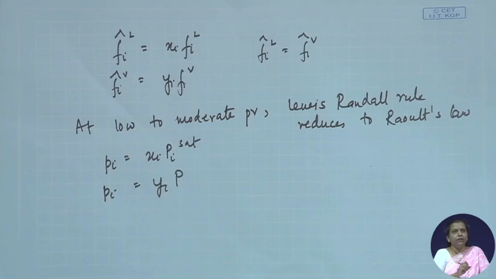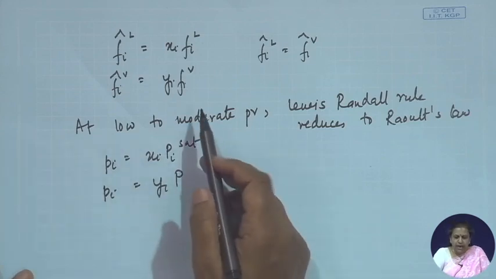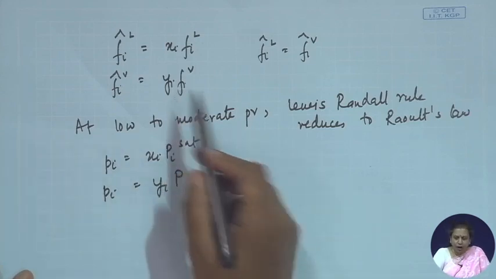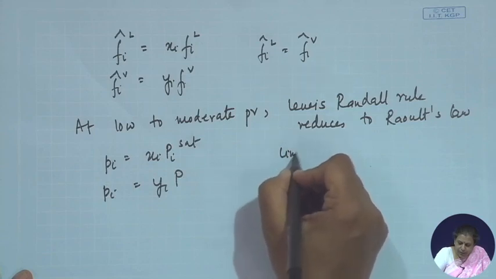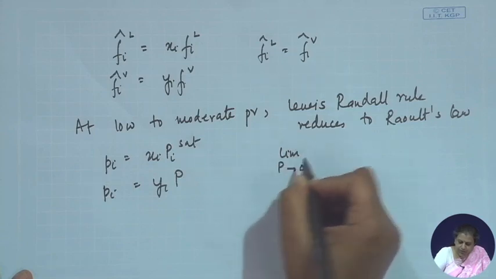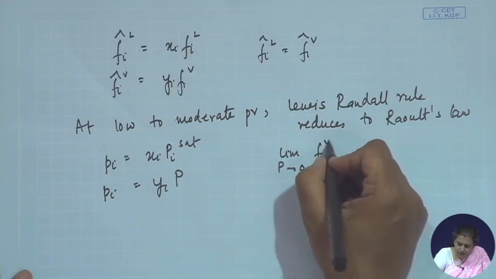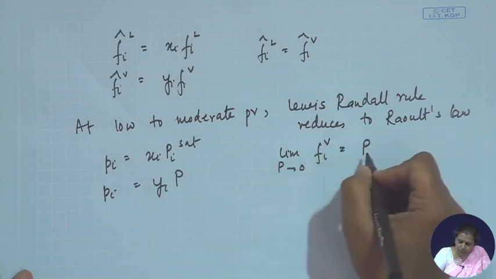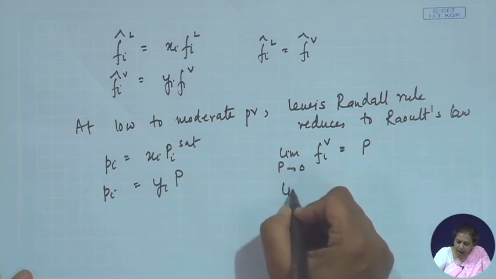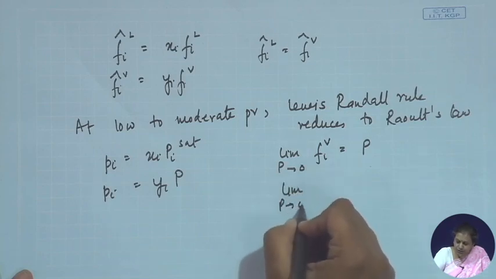Recalling that for the vapor phase at low to moderate pressure, or in other words limiting P tends to 0, f of the pure component of the vapor phase is the total pressure, if you recollect. And for the liquid phase, what did we derive?